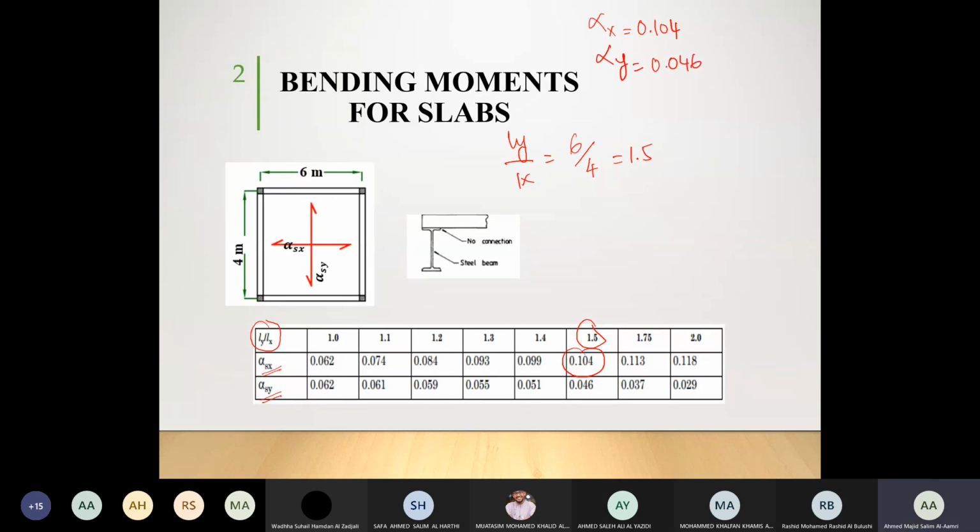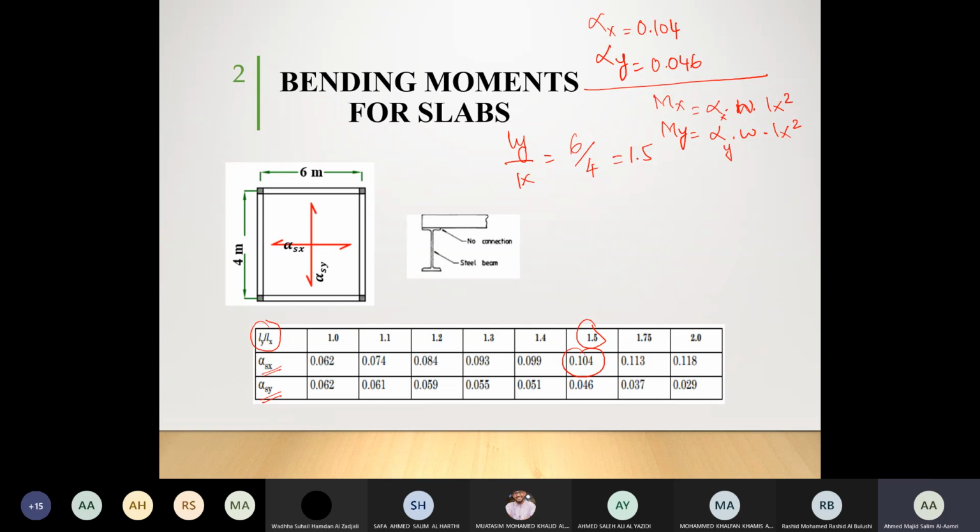Now if you want to calculate mx and my, you need to use the equation that we told you about, which is either n or w, and they are the same meaning. Okay, so you have alpha x, and then you have alpha y multiplied by w, which is loading, multiplied by your lx, which is short direction.